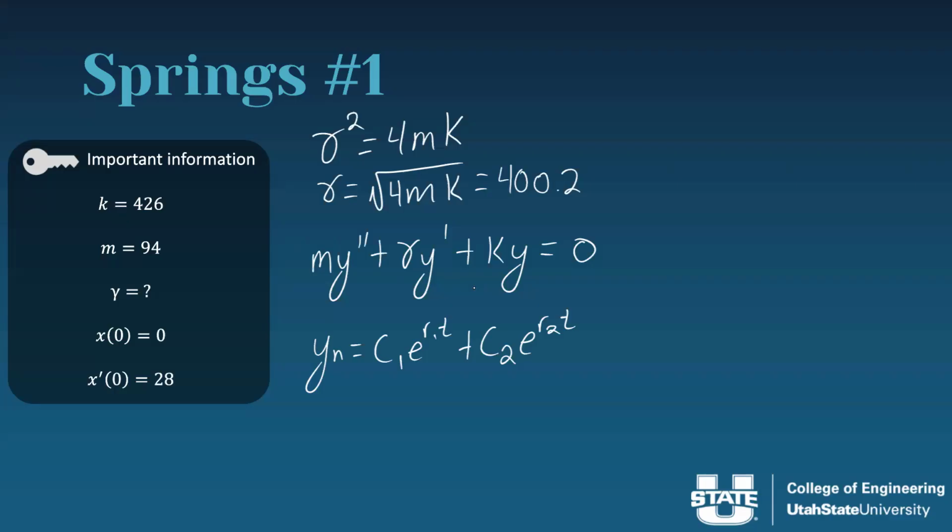The characteristic polynomial. And our characteristic polynomial comes from our linear operator. Our y double prime becomes r squared, our y prime becomes r, and our y goes away. And then we can use the quadratic formula in order to solve for our r's.